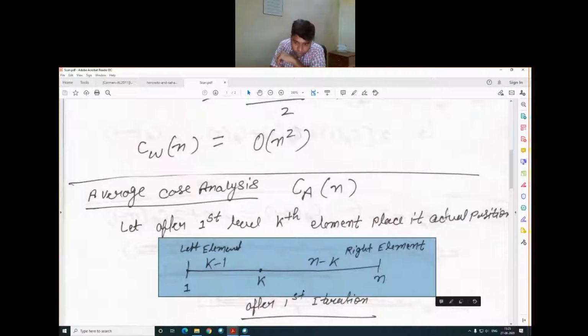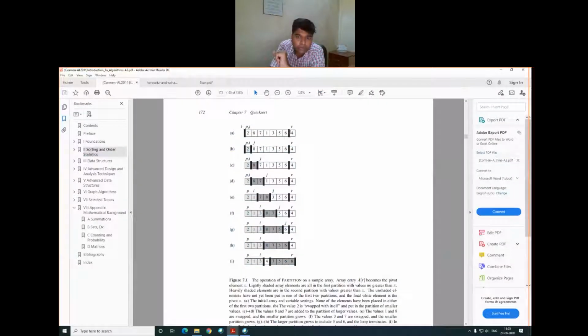In our example that we discussed, the 4 is placed in its actual position. The partition algorithm places this 4 in that particular position.